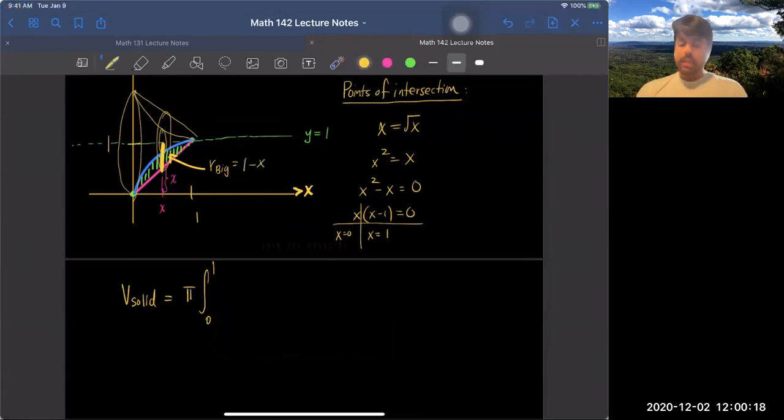It's 1 minus x. So it's going to be (1 minus x) squared. Now subtract the smaller radius. What's going to be the smaller radius? It's going to be this here, where the center goes right to the blue. That's going to be my inner radius. So I'm going to do the same exact thing. What am I going to do?